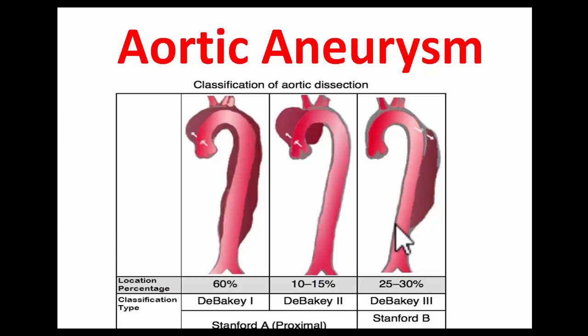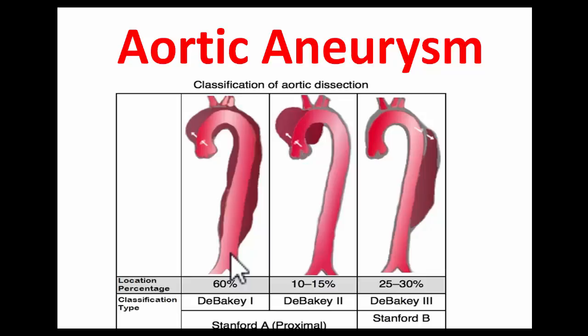One of the most dreaded complications of aortic aneurysm is dissection, or splitting of the wall along its length. As we can see, here is the main aorta, and part of the wall has split, with the blood leaking from the lumen into this false lumen, creating a choking effect on the main artery, namely the aorta.